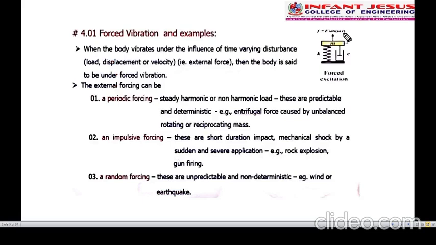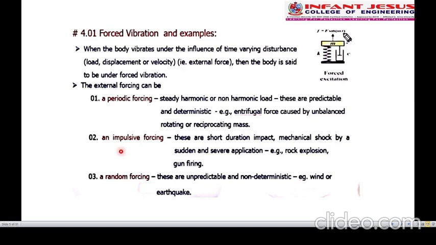The next one is impulsive forcing. Impulsive forcing means there is suddenly an external force whose amplitude is very high, but the duration is very short. That is, a short-duration impact or mechanical shock by a sudden and severe application.